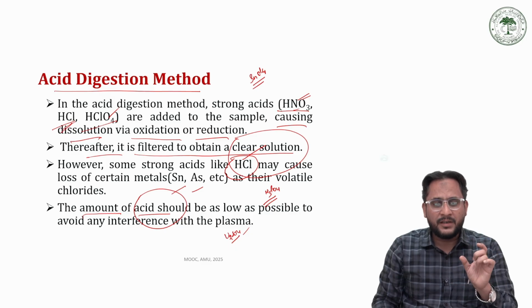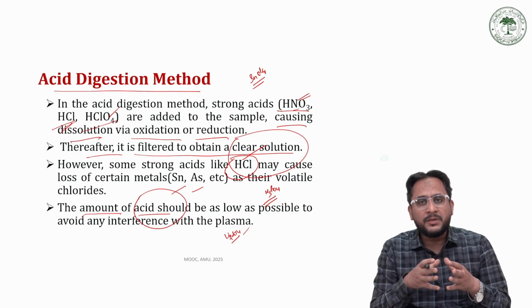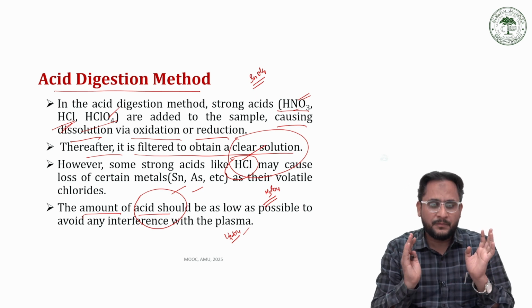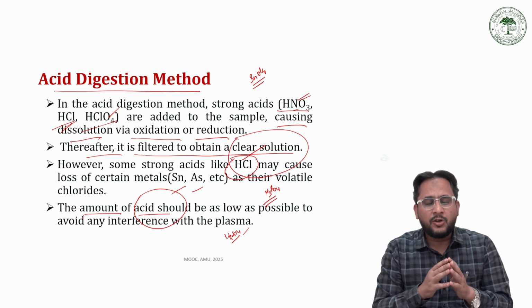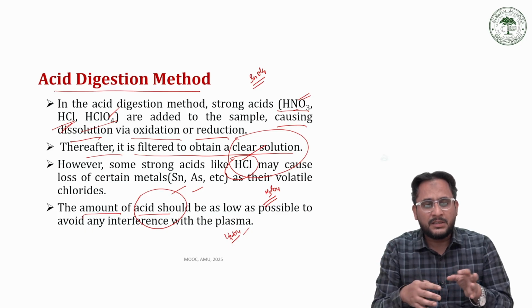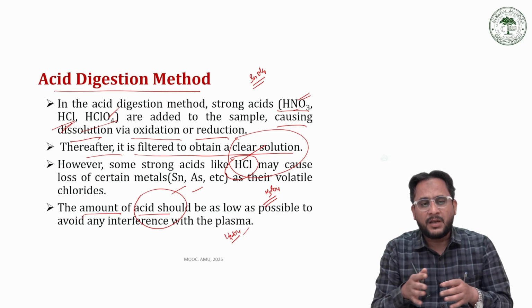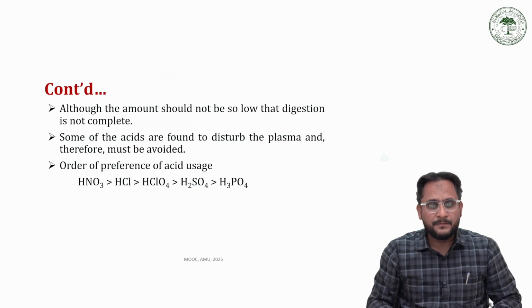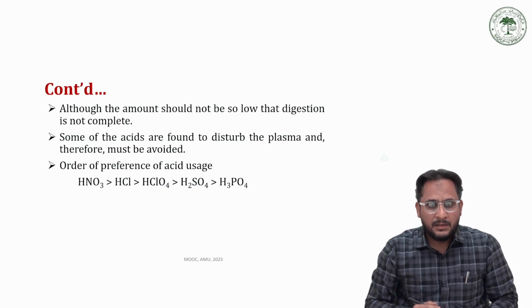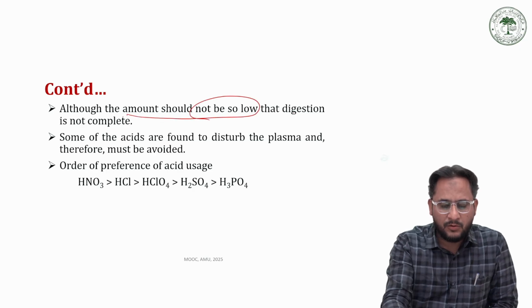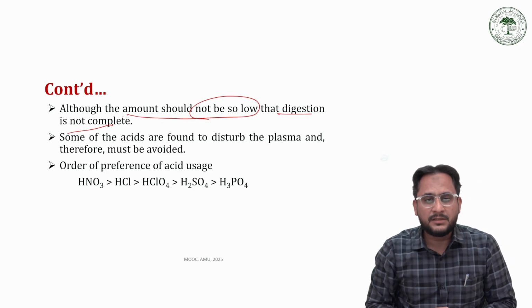So the amount of acid should be moderate. It should be sufficient to completely digest the sample matrix. However, it should not be in higher volumes, because higher volumes destabilize the plasma, which ultimately affects the spectral analysis. And as I just mentioned, the amount should not be too low, because it affects the digestion process.